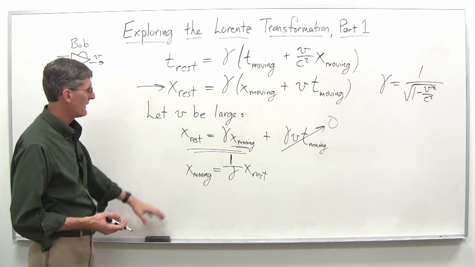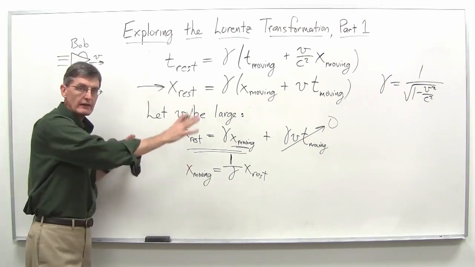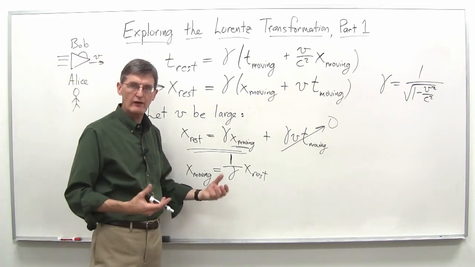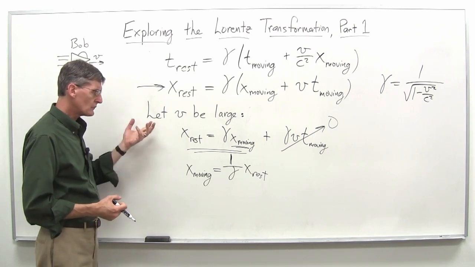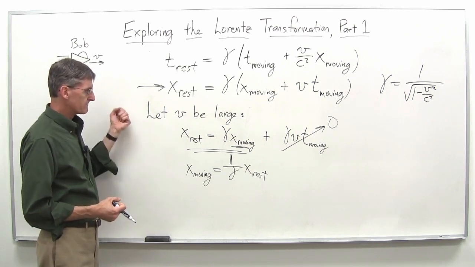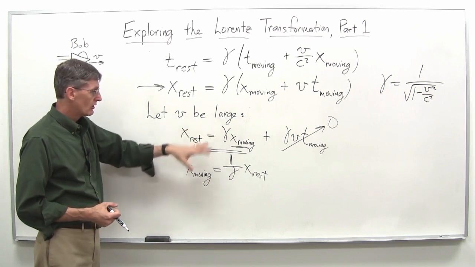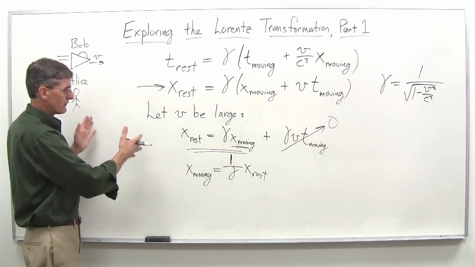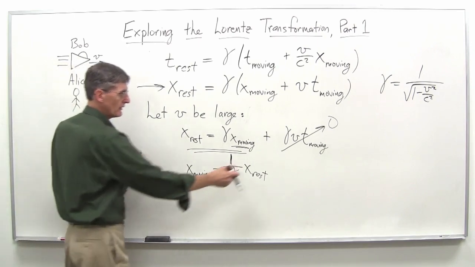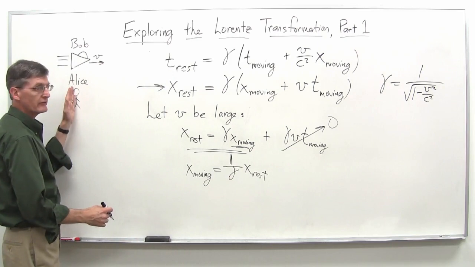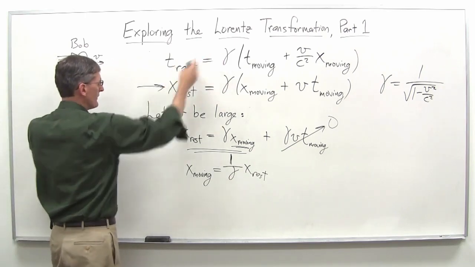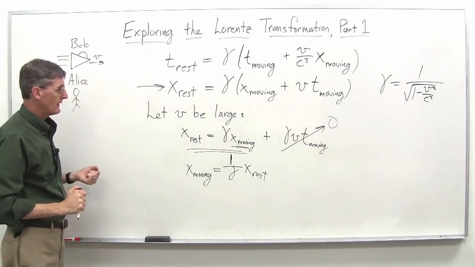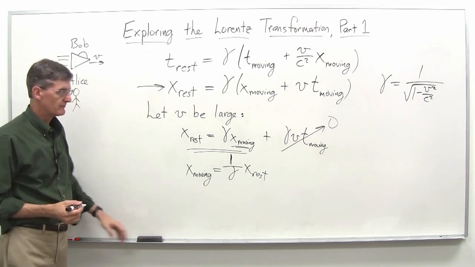So what we see here is that, first of all, we can get the Galilean transformation out of this equation for everyday velocities, much less than the speed of light. We also see that when v is large, we get the length contraction effect coming out of it, where length contraction in the simplest case is simply when Bob measures something at t equals 0, so he's there, Alice is there, Bob measures a certain length, and then Alice gets that length as well, and you get the length contraction effect going on there.